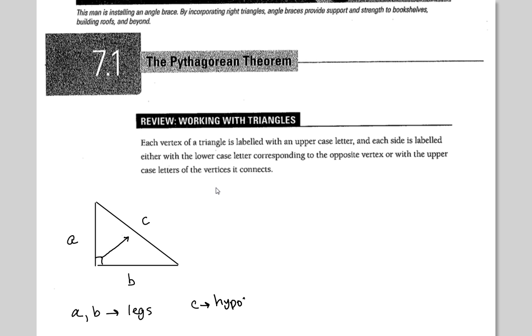So C is called the hypotenuse. Now, you probably remember from a previous course that the hypotenuse is the longest side of the triangle, and it's straight across from the 90 degrees.